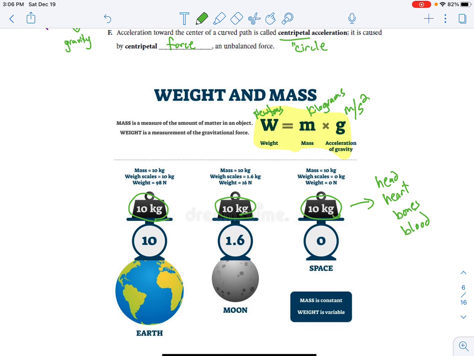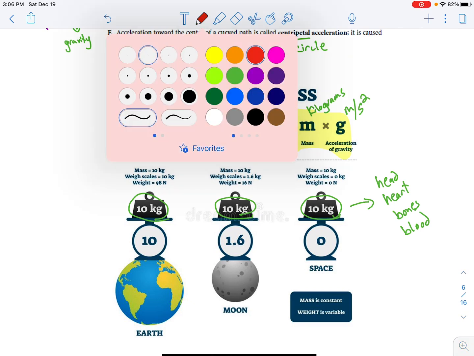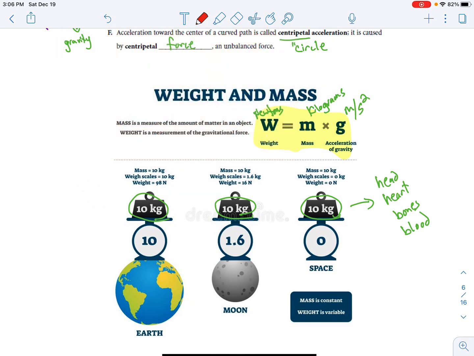So your mass doesn't change because it's all the parts you're made out of. What does change is how hard gravity is pulling you down. The Earth is very big, so gravity is going to pull you down very strongly, so you have a pretty big weight. The moon is a lot smaller. It's got a smaller pull, so you're going to have a smaller weight. Space has no gravity.